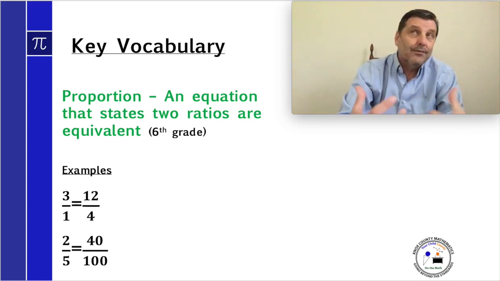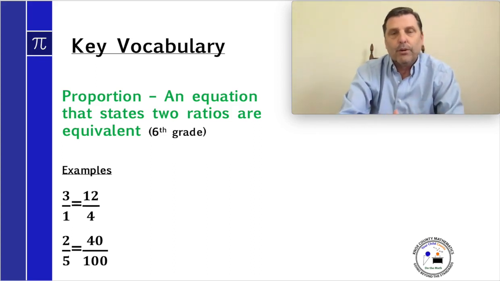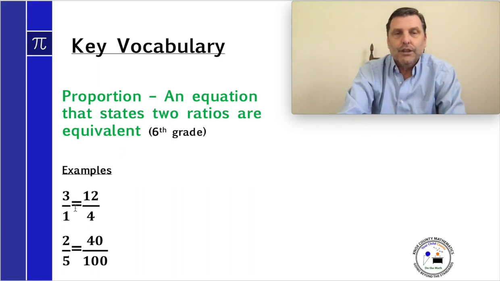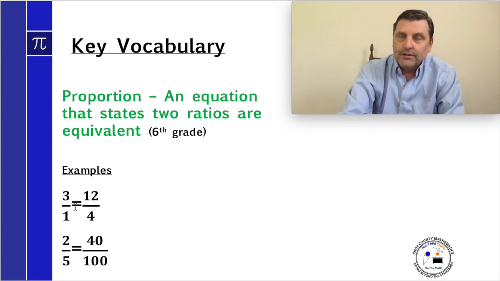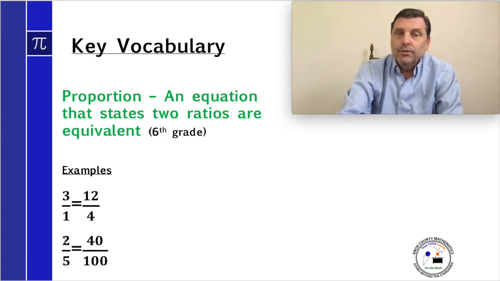That takes us back to 5th grade math, and we talked about equivalent fractions. That's an example of proportion. Two ratios that are equal. For example, the ratio 3 to 1, 3 over 1, is equivalent to 12 over 4. 2 over 5 is equivalent to 40 over 100.